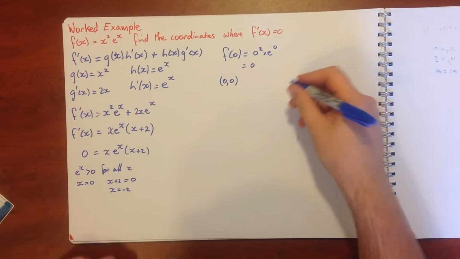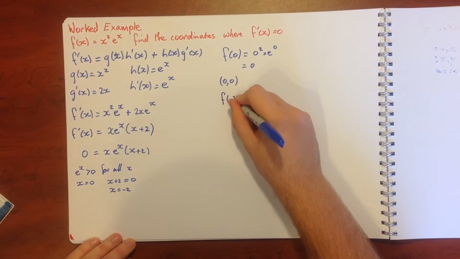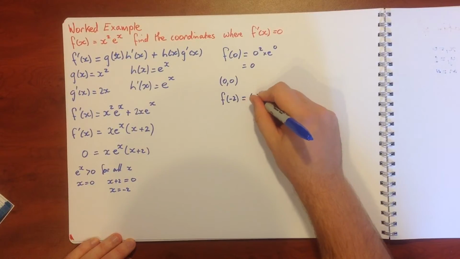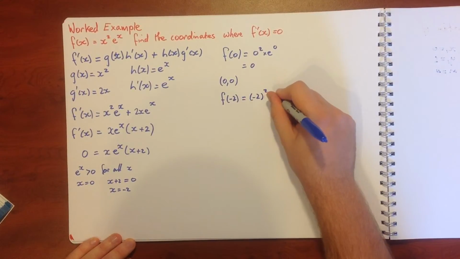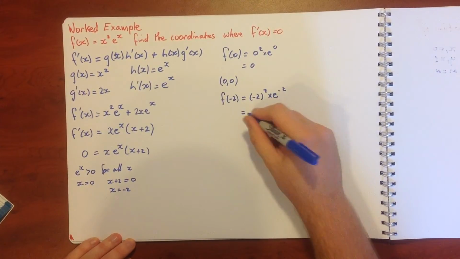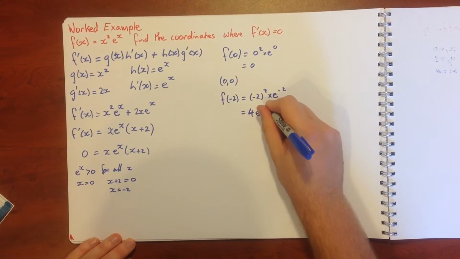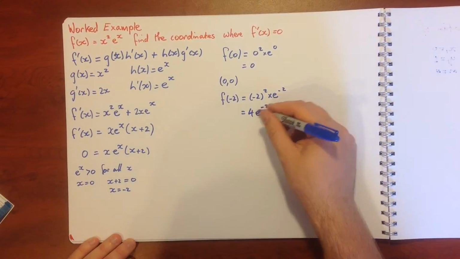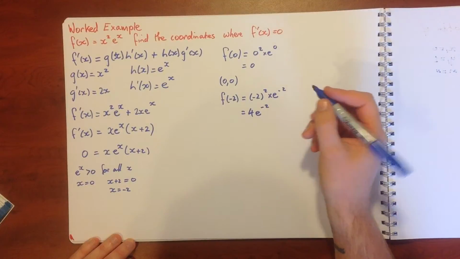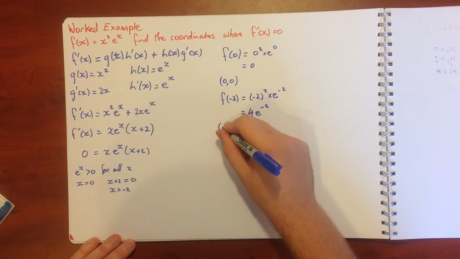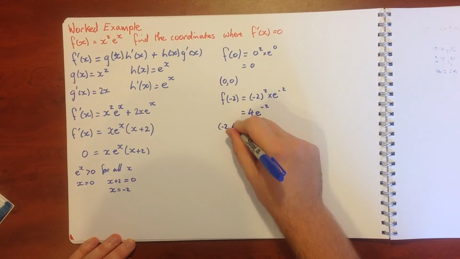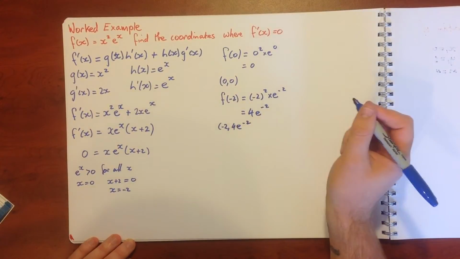Okay, and when we put in negative 2, well, that's going to equal negative 2 squared times e to the negative 2. So we're going to equal 4e to the negative 2. Okay, you wouldn't actually try to simplify that because you'd end up with a horrible decimal, so we can just say our other coordinate is at (-2, 4e to the negative 2).